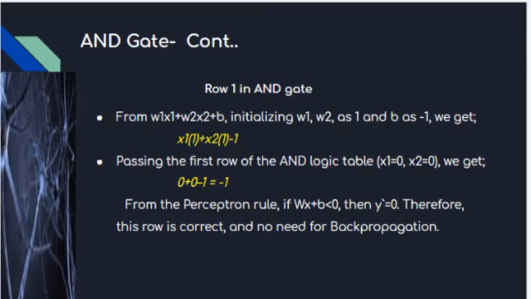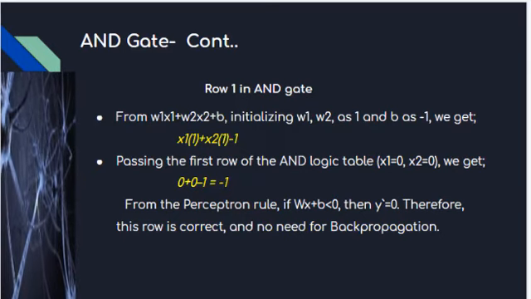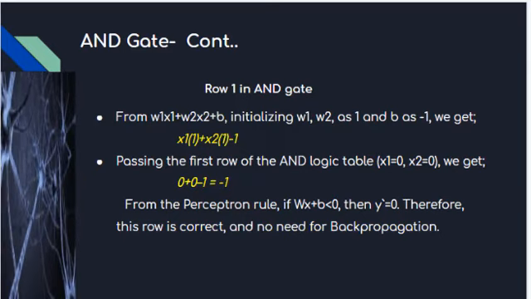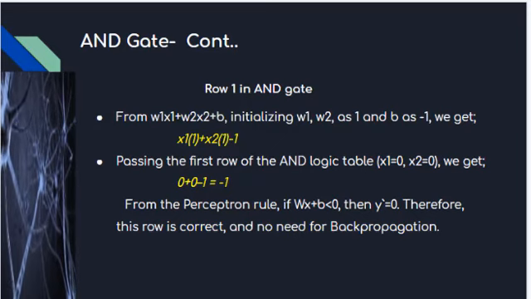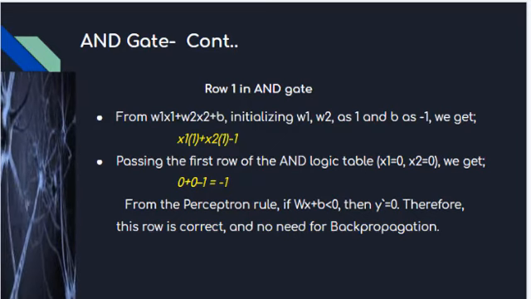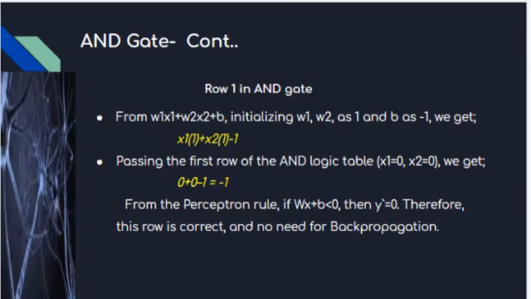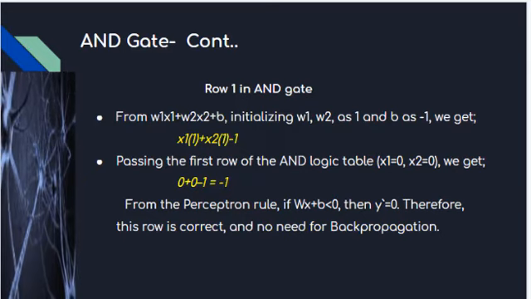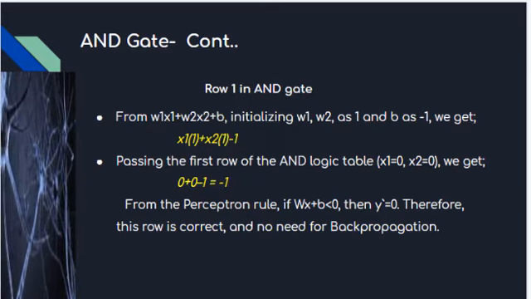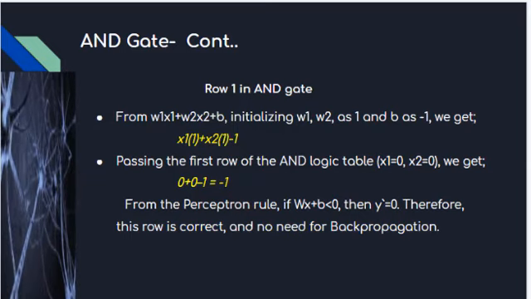Passing the first row of the AND logic table, for example x1 equal to 0, x2 equal to 0, we get 0 plus 0 minus 1 equal to minus 1. From the perceptron rule, if wx plus b is less than 0, then it predicts 0, that is output equal to 0. Therefore, this row is correct and there is no need for back propagation.